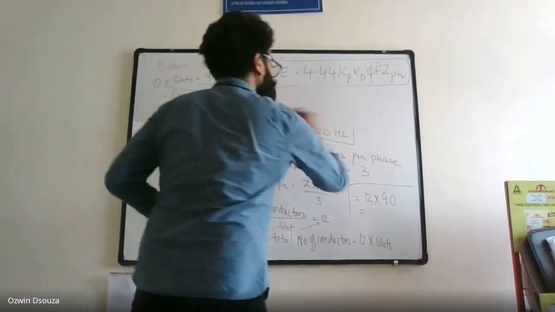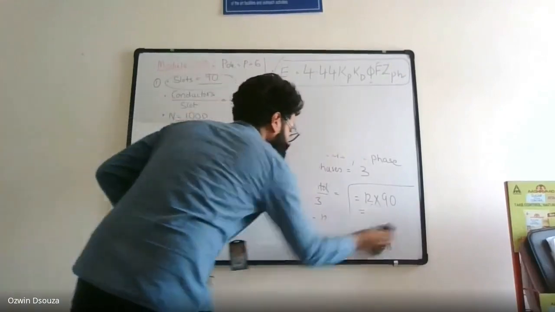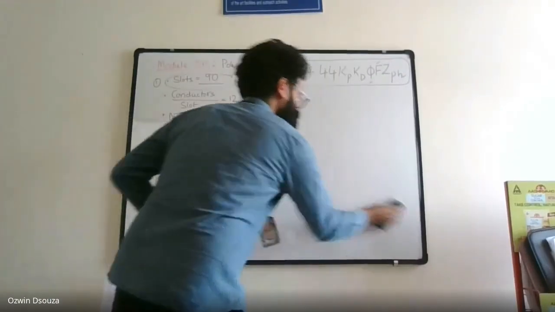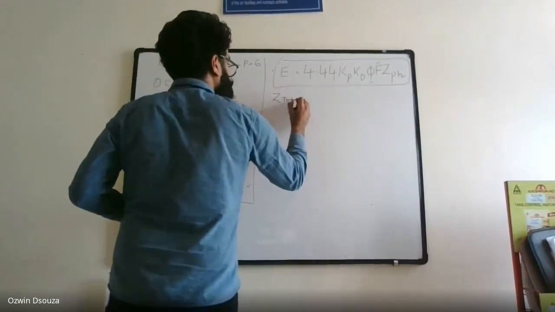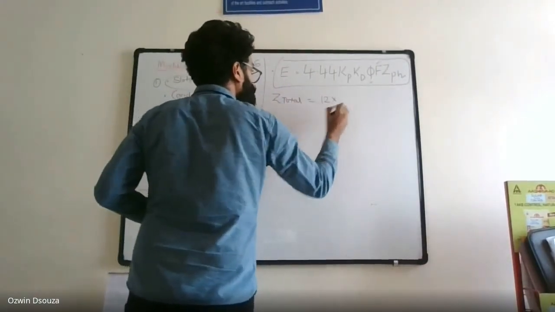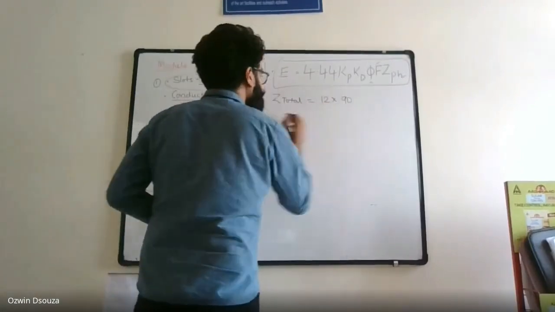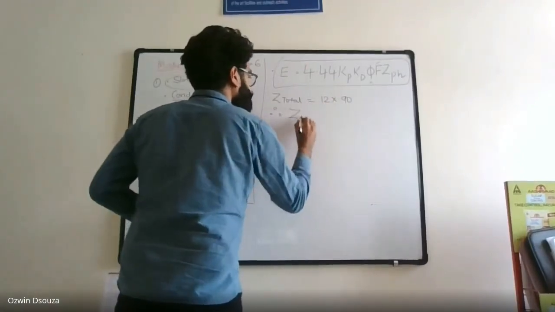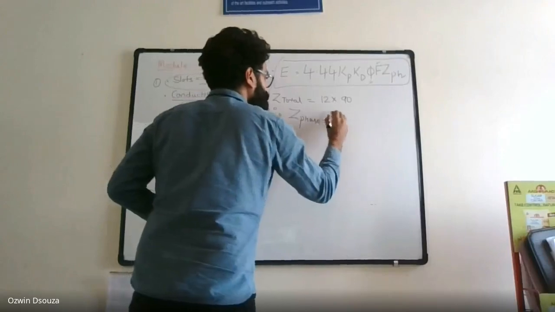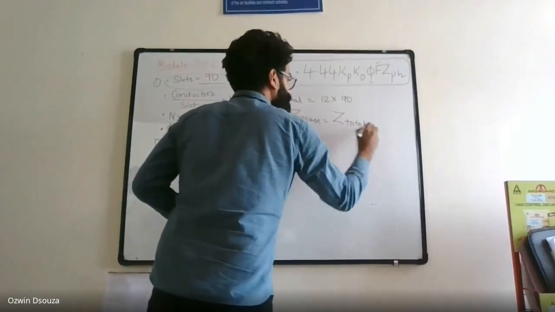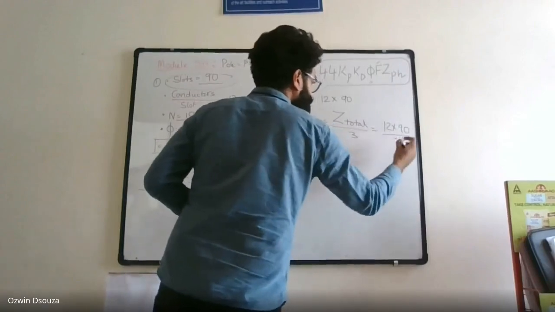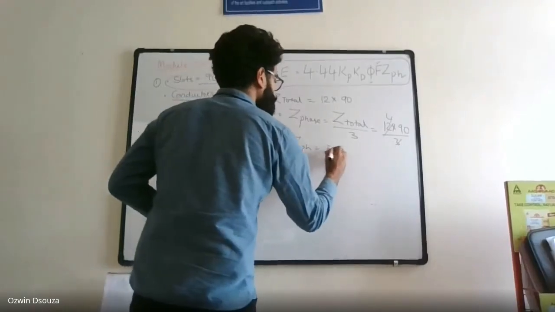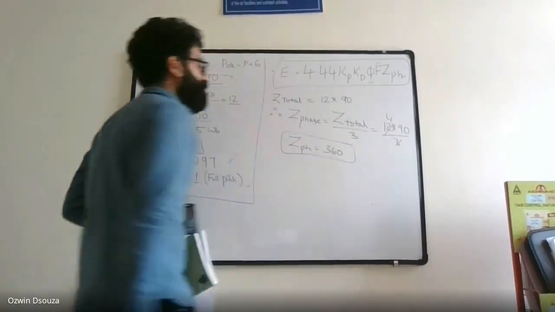So therefore, Z total you have obtained as 12 into 90. So therefore, Z phase is equal to total conductors divided by 3. So that is 12 into 90 divided by 3. So this is 4 times 90, which is 360. So Z phase is equal to 360.